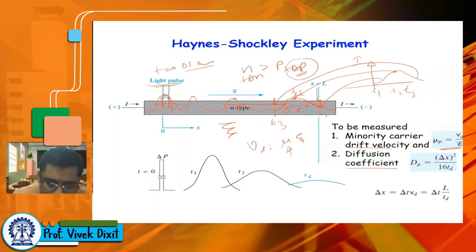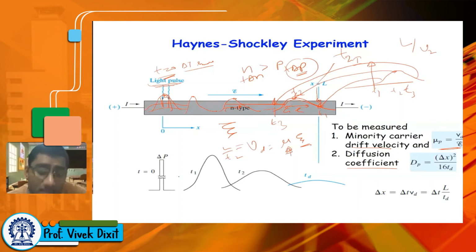At t equal to 0 you incident a light pulse here, and it appears at some time t2. So the length L by t2 will become the drift velocity. And the electric field you already know, because based on the applied voltage you can measure the mobility.